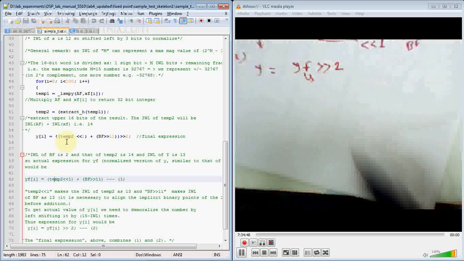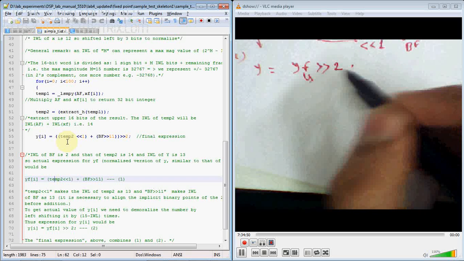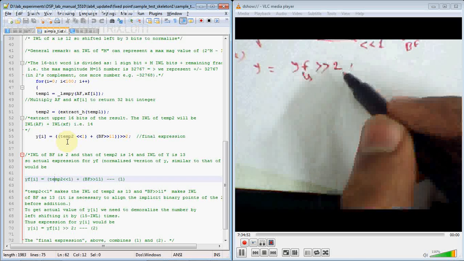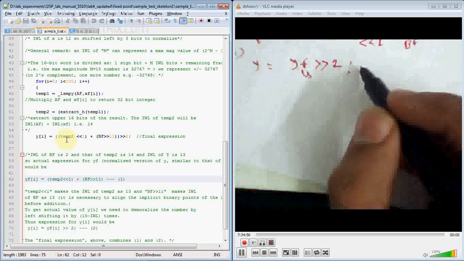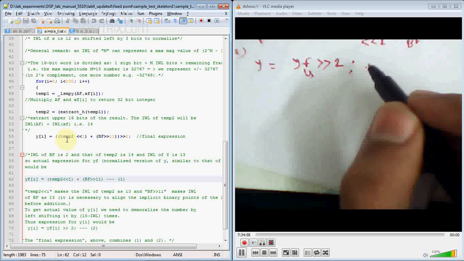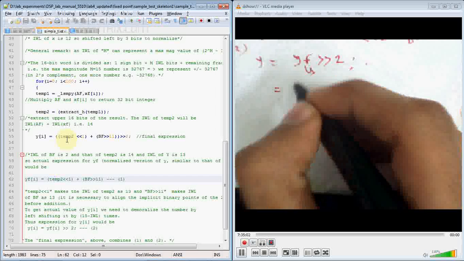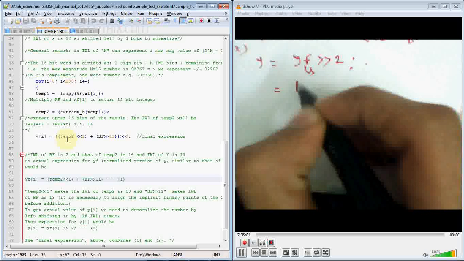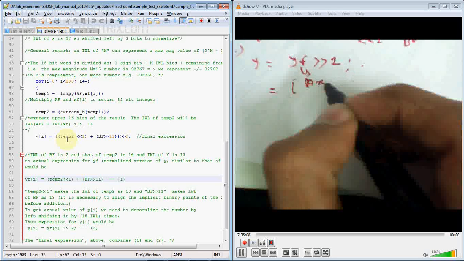For denormalization, we write y is equal to y of f right shifted by 2. Since y of f is normalized, its integer word length is 15, so we are right shifting it by 2 to make its integer word length 13, to denormalize and get accurate results.